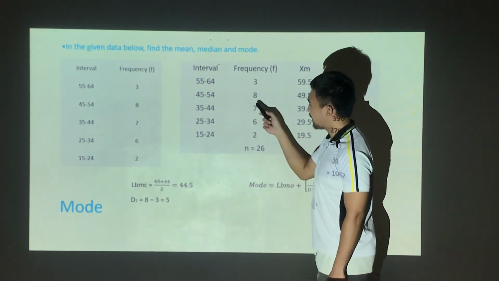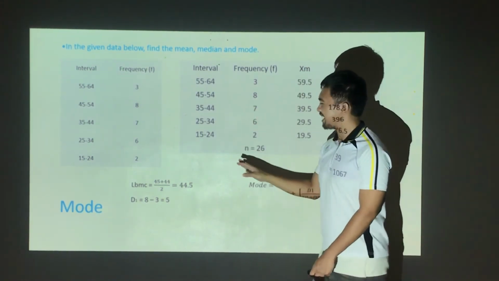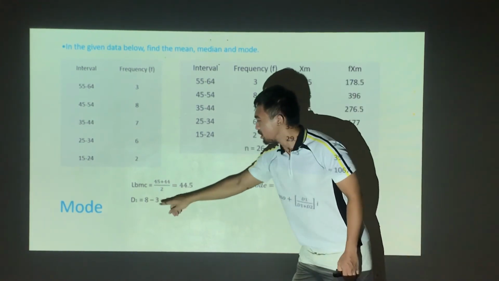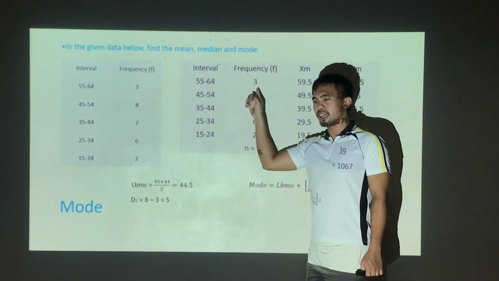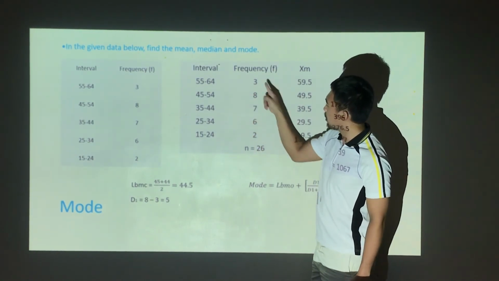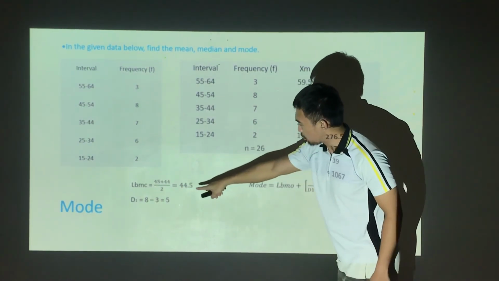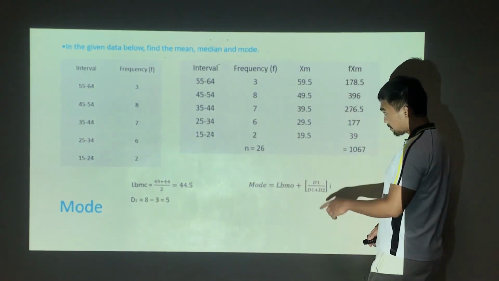The greatest number that we have is, of course, 8, so you subtract from it the upper number that we have right there, which is 3. So 8 minus 3 gives us the answer of 5. That is how we get our D1.